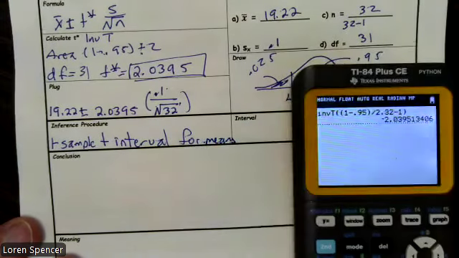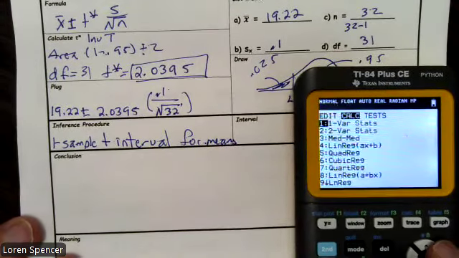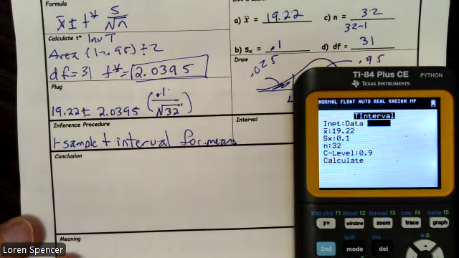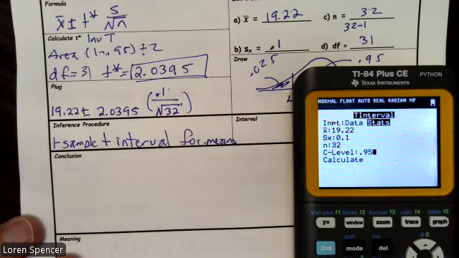All right, we can go ahead and run this thing now. Stat test. Drop down to number 8, TInterval, 19.22. Standard deviation of the sample of 0.1. Sample size of 32. Confidence level of 95%.